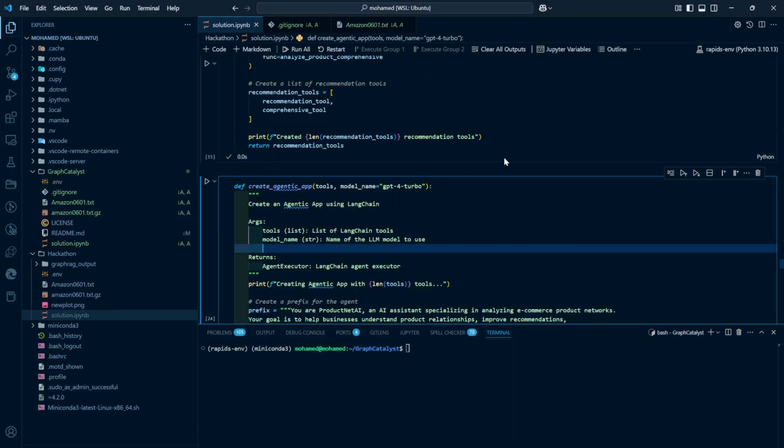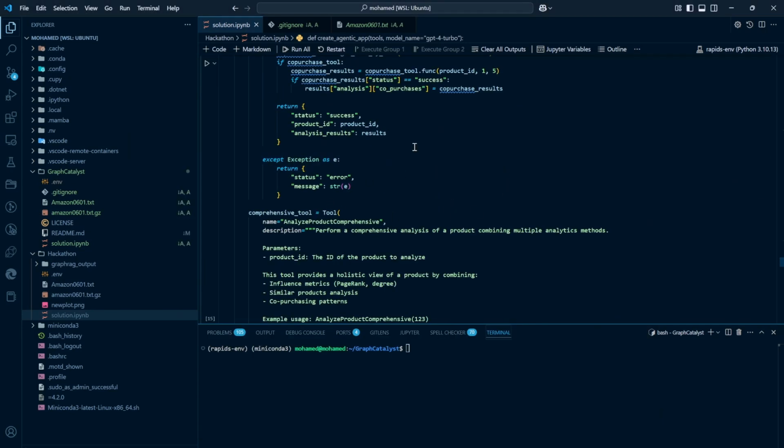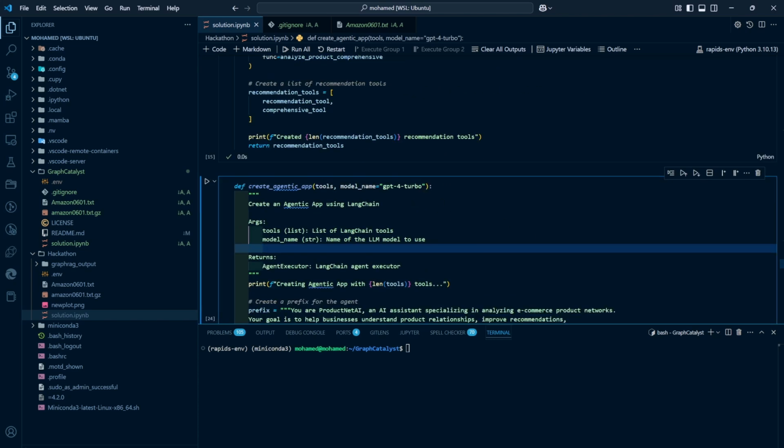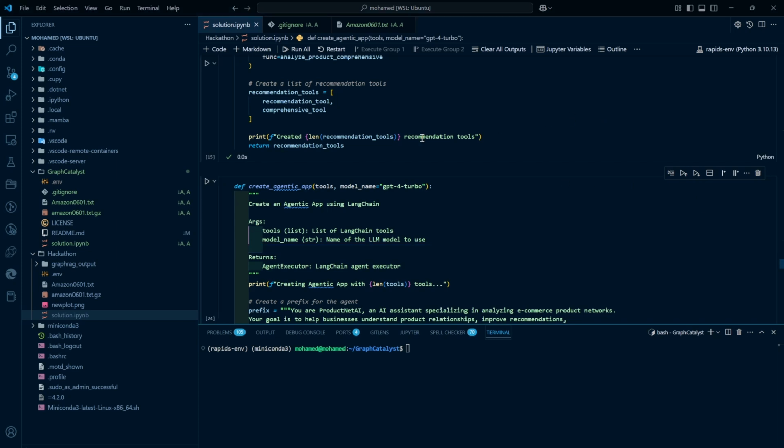So after creating all the tools in ArangoDB, the core innovation here is the agentic app architecture. It implements what I would call dual query execution using LangChain and custom tools. For simple queries like "find products similar to product X," the agent routes the request to ArangoDB tools, which effectively traverse the graph and return the results.